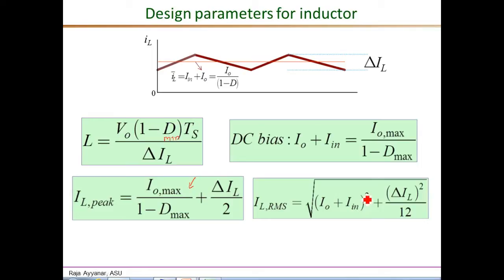The sum of the two gives the total mean square of this waveform, and we take the square root to get the IL RMS. In many cases, the delta IL in comparison to the average value can be very small, so this can be neglected. Under that condition, the IL RMS is approximately equal to simply IO plus IN, or in terms of the load current, it's just IO over 1 minus D. Again, we should take the maximum value for IO as well as D.